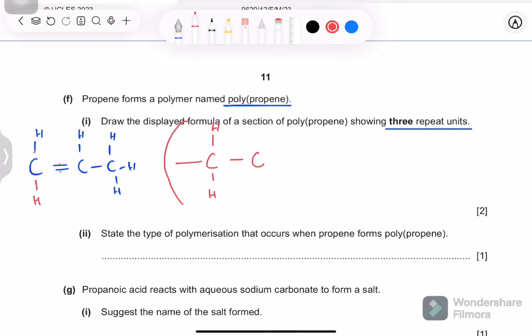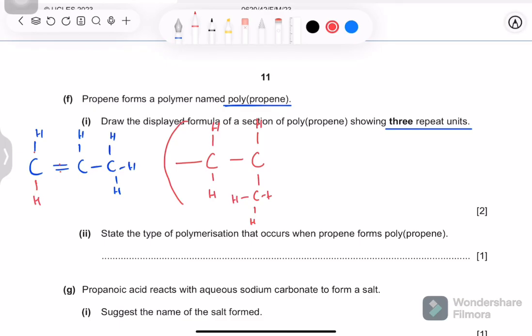So total 4 bonds of one carbon atom. The second carbon atom, the double bond is broken. It will have the original atoms over here, CH3, CH over here and CH3 over here, H over here and 1C and 3H over here.